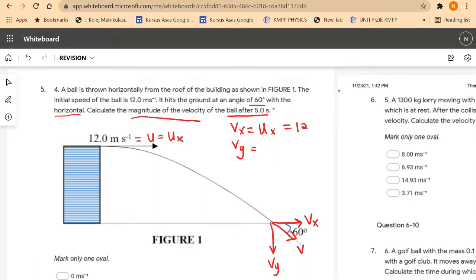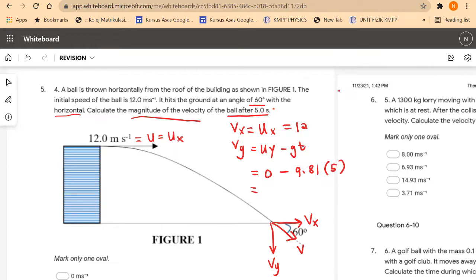Alright. How about V for component Y? For component Y, you can use the equation Vy equals Uy minus GT, where Uy is 0, because initially the ball moved horizontally, so there is no component Y for the initial speed, and then G is 9.81, and T is 5 seconds.